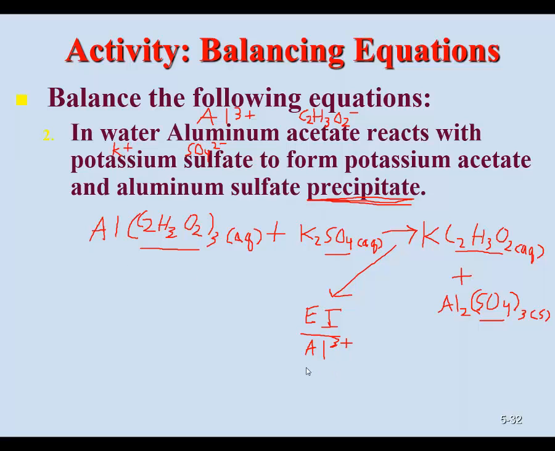I have my acetate ion. I'm going to keep the whole group of atoms together to simplify my life for keeping track of best balancing. So I have acetate, and then I have my potassium cation, and I have my sulfate anion.